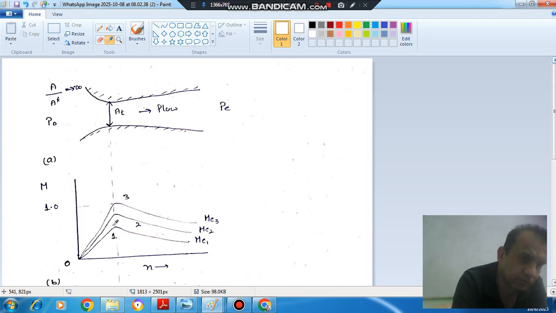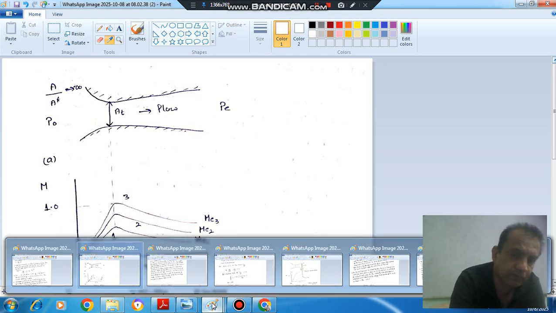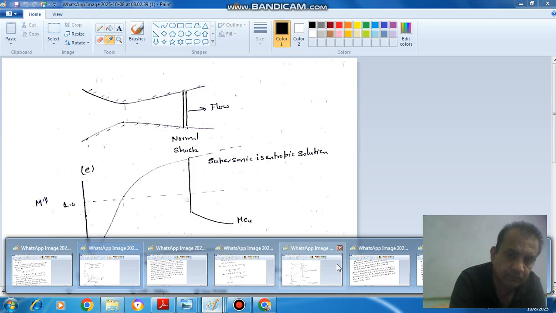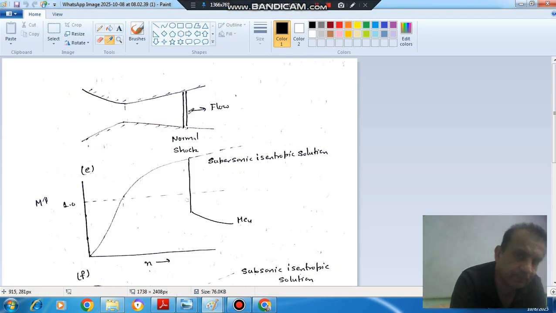The subsonic condition was achieved at the throat, and the sonic condition was achieved at the throat when Me3 was maintained and the pressure was increased up to P3. If we increase the pressure further beyond P3, then the normal shock will appear in the divergent part of the duct, and Me4 Mach number at the exit will be obtained.